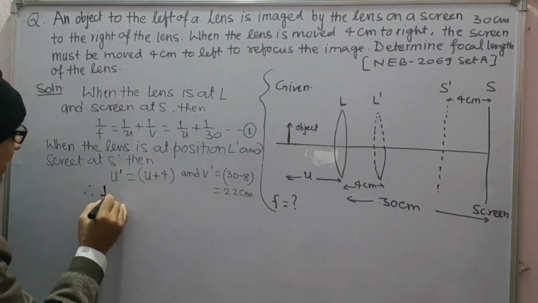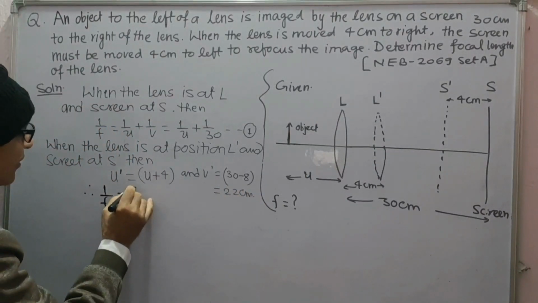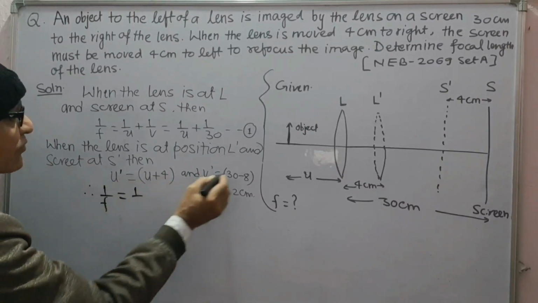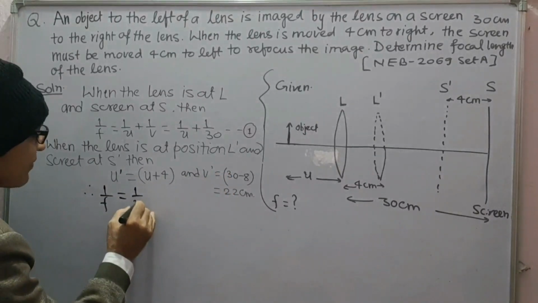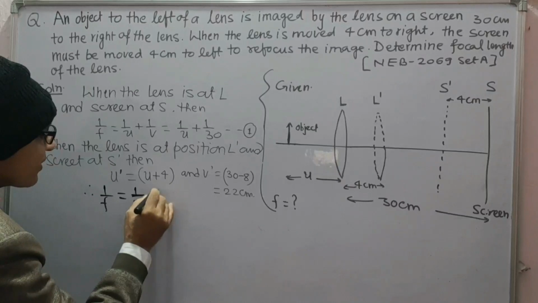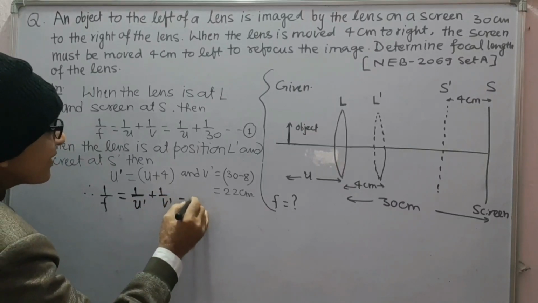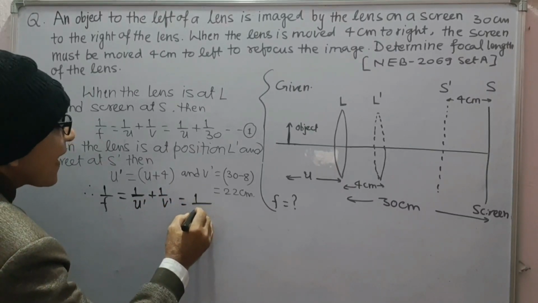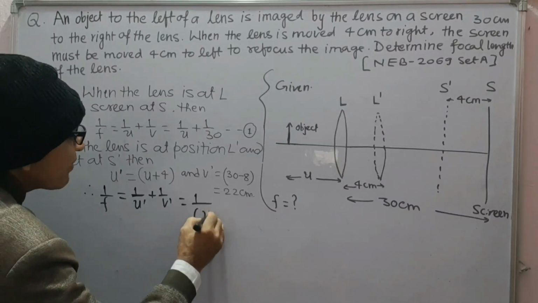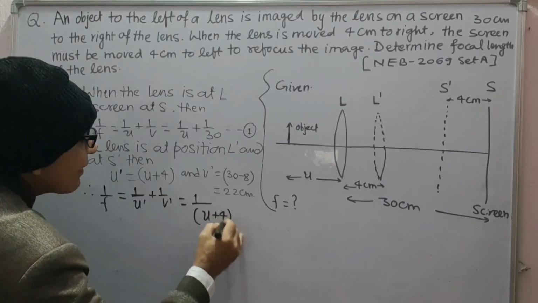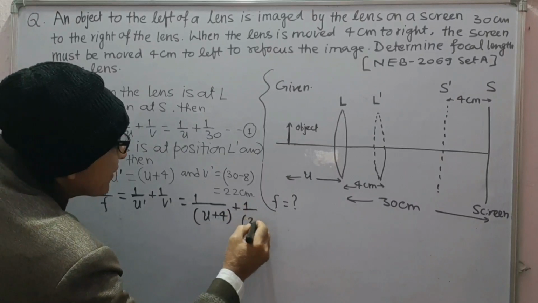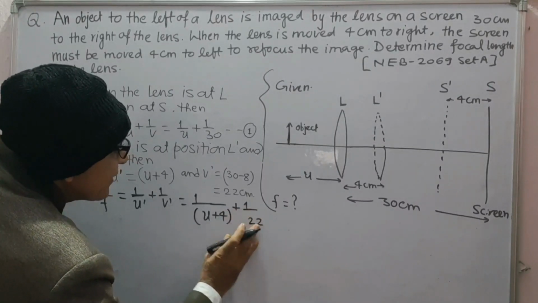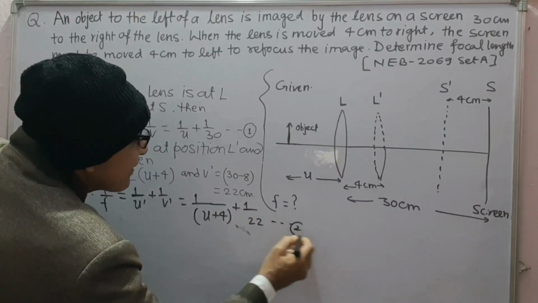Therefore, 1 upon F will be equal to 1 upon U dash plus 1 upon V dash, which is 1 upon U plus 4 plus 1 upon 22. V dash is 22. This is equation 2.